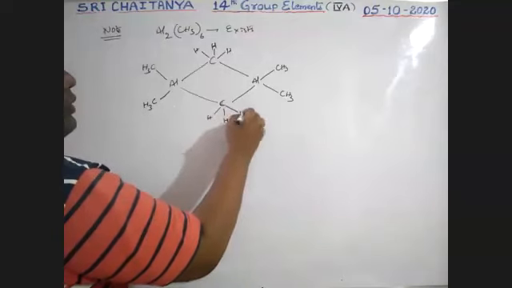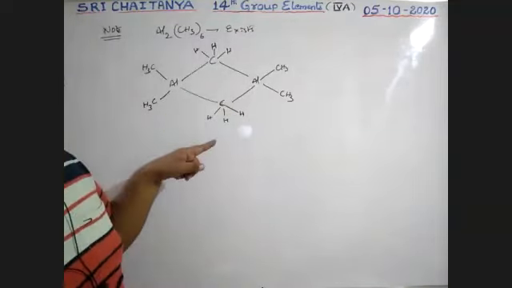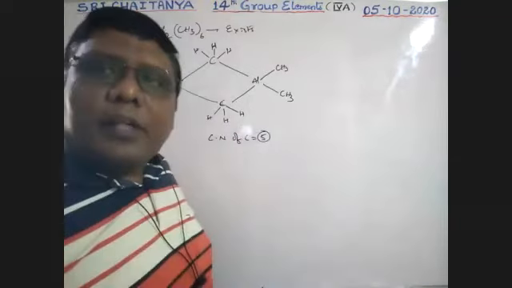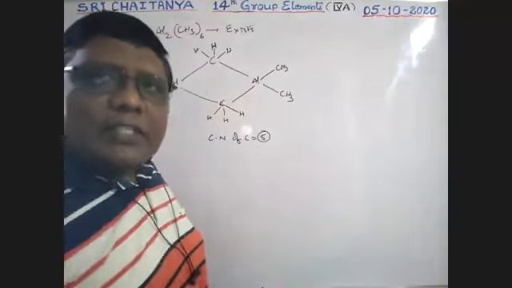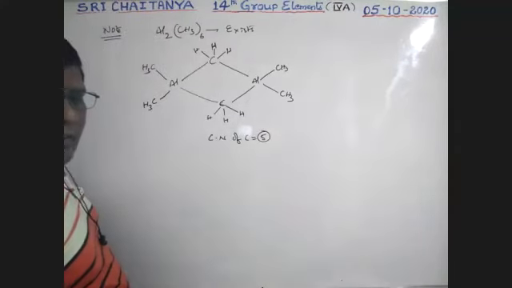Here, see, boys, carbon can form 5 bonds. Here the coordination number of carbon is equal to 5. Like this, 8 is possible. Later we will discuss one by one. Okay. So here the coordination number of carbon is 5.